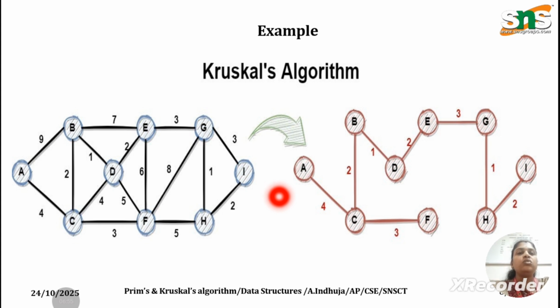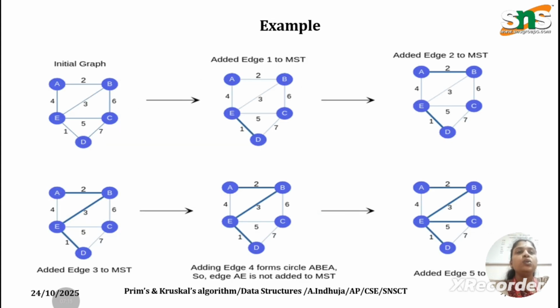So here also note that all the vertices are visited, but the edges can be neglected. As I said in Prim's algorithm, all the vertices must be visited. Here also all the vertices must be visited and some edges can be neglected since they would form a cycle. So this is another example of Kruskal's algorithm.